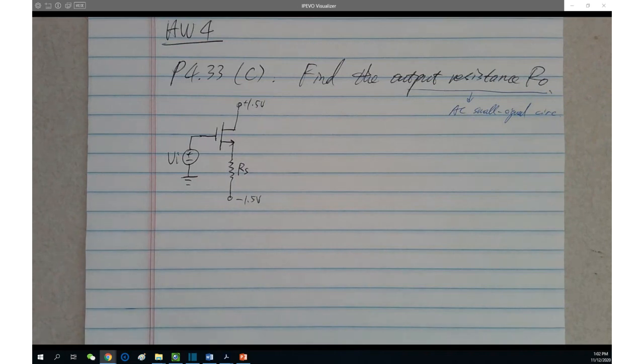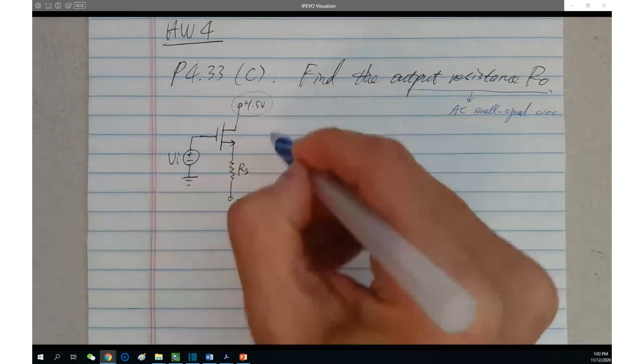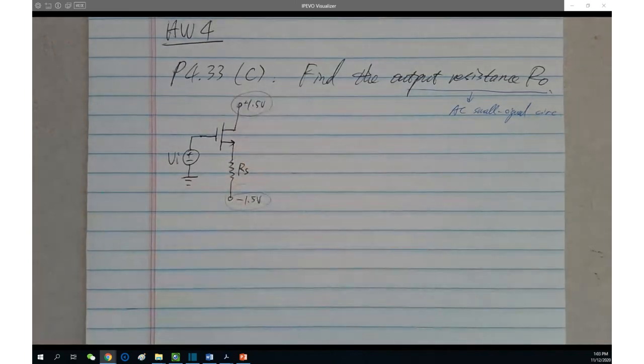DC should not play any other role. Of course, it affects the output, which might have a DC offset because of the DC supplies, but that should not affect the output resistance.